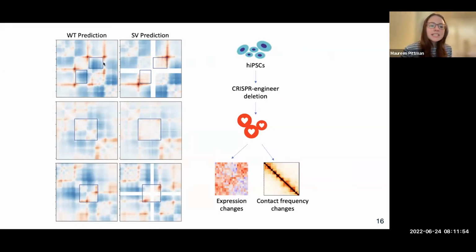So what we see is often regions of strong insulation making more contact. The insulation is shown in blue, where contact is being made less often than expected based on linear distance, and these warmer orange colors indicate more contact than would have been expected.